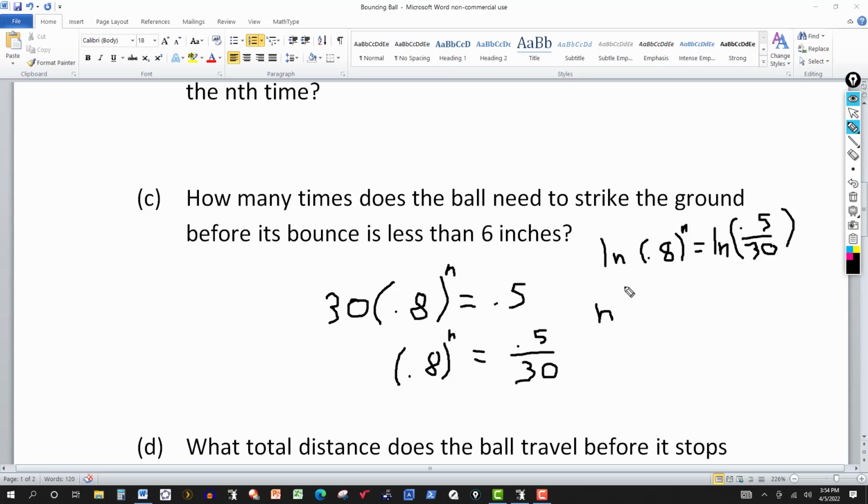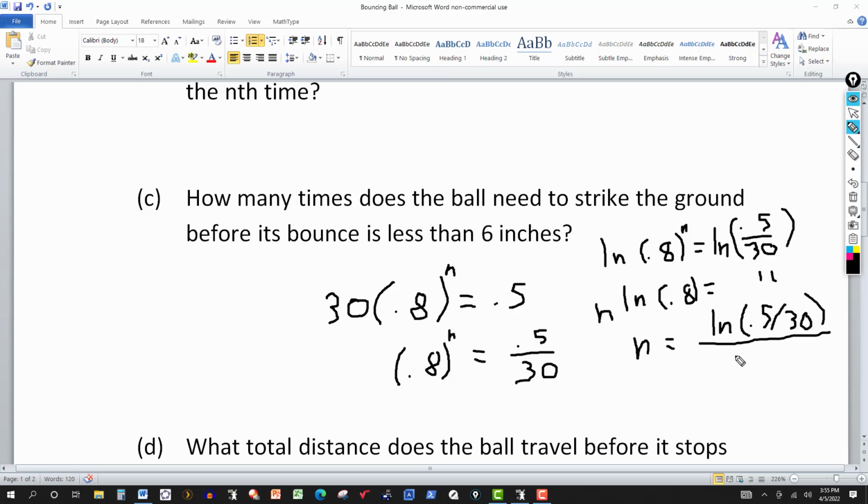Natural log 0.8, and that's going to equal this part right there. Divide both sides by the natural log of 0.8 to solve for n. So this will be ln 0.5. Remember that 0.5 is in feet, over 30.